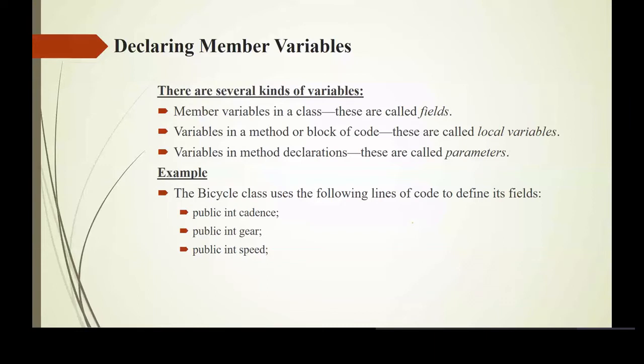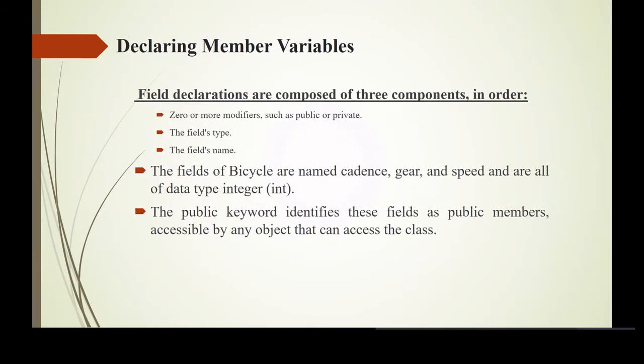For example, you have a bicycle class, and the bicycle class contains these variables: integer cadence, integer gear, integer speed. As you can see, these are public variables, and that means everyone can access them. They are visible to everyone to update the variable, get the value of the variable, and so on.